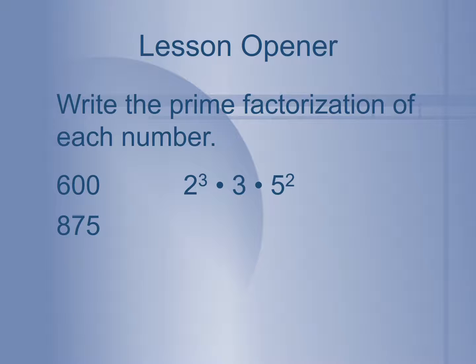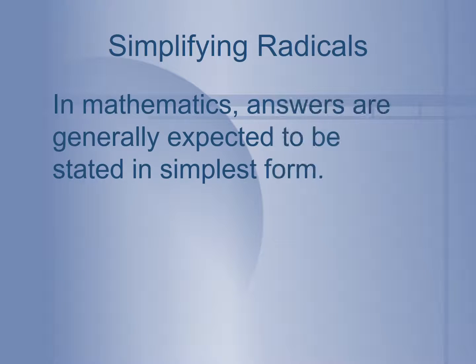So our prime factorization would be 2 to the 3rd times 3 times 5 squared. 875 would be 5 times 5 times 5 times 7, so we would rewrite it as 5 to the 3rd power times 7.